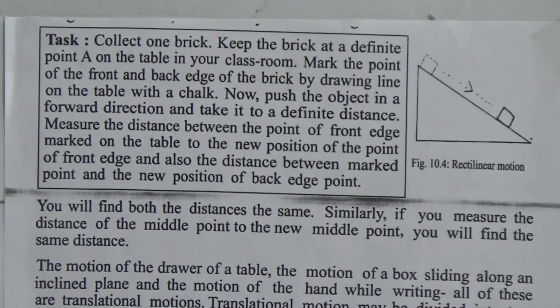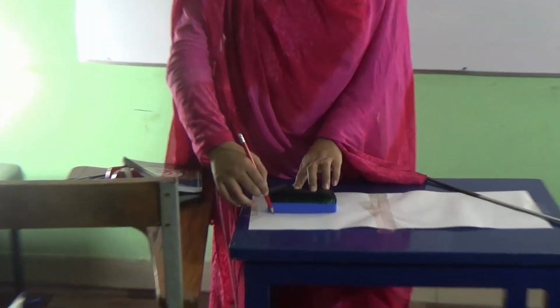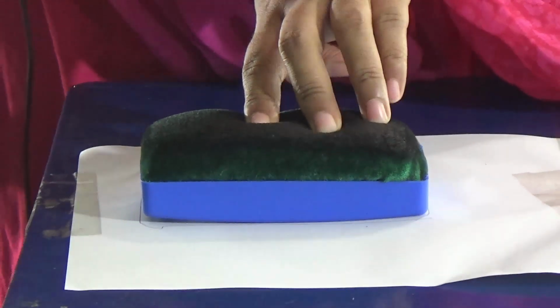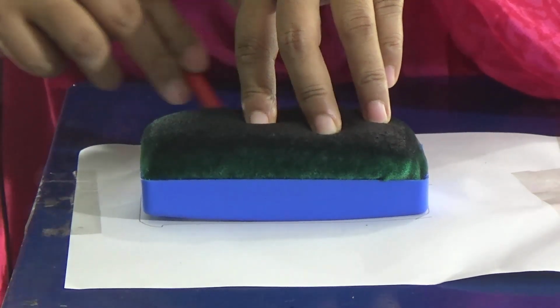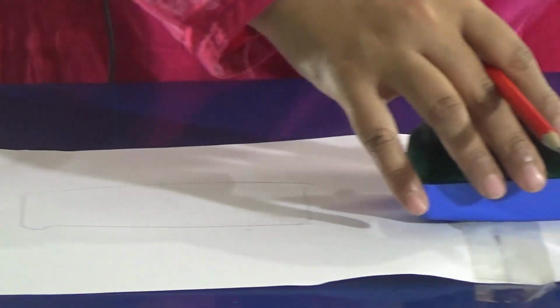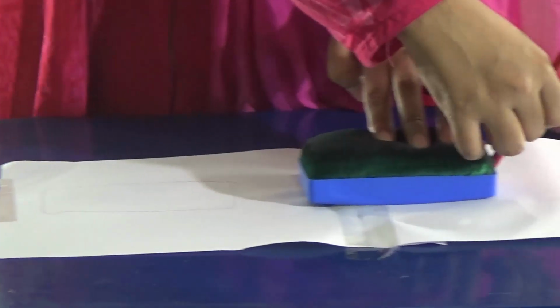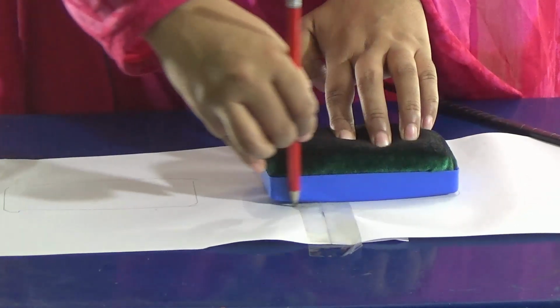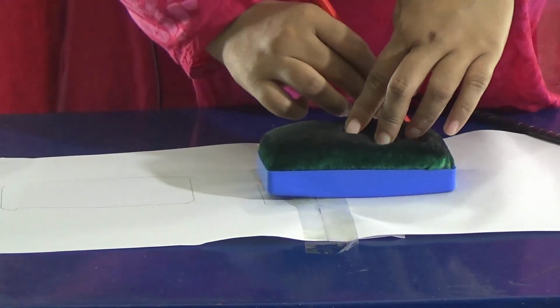Now, dear students, we will do this task here using the duster. First, we will place the duster on the table and mark its position. Now we will pull it forwards and mark the new position of the duster.